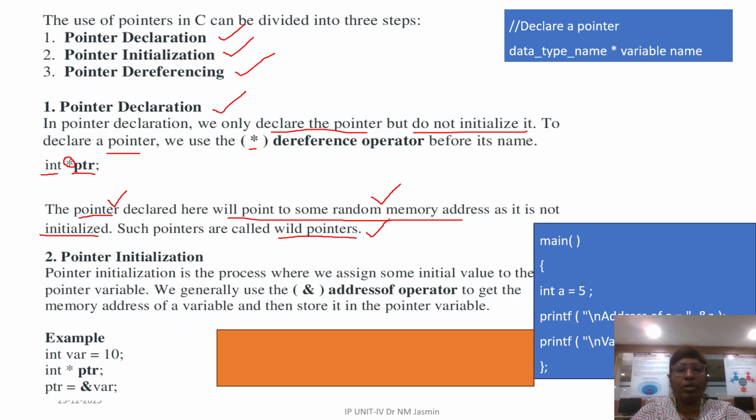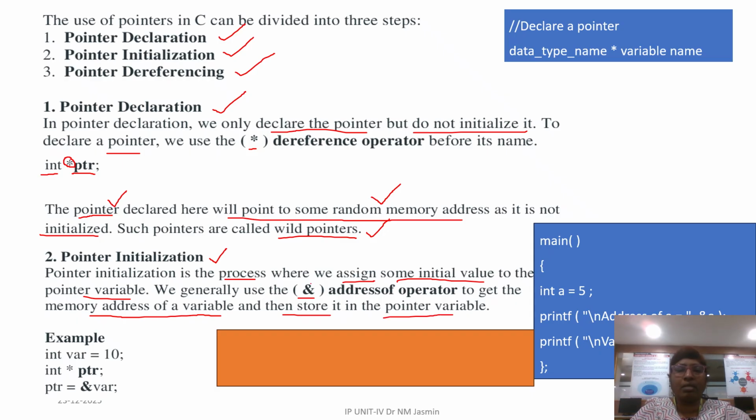Now, pointer initialization is the process where we assign some initial value to the pointer variable. For that, we use the address-of operator to get the memory address of the variable and then store it in the pointer variable.